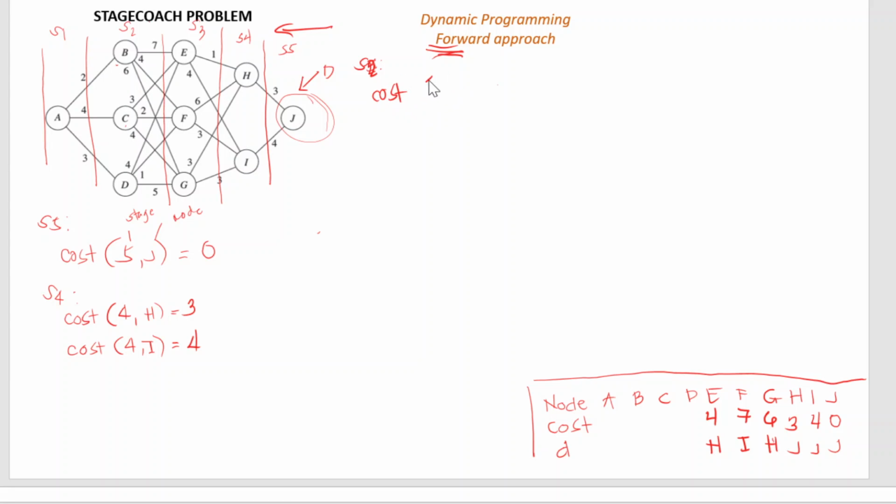So for the cost of B, let's start with 2B.